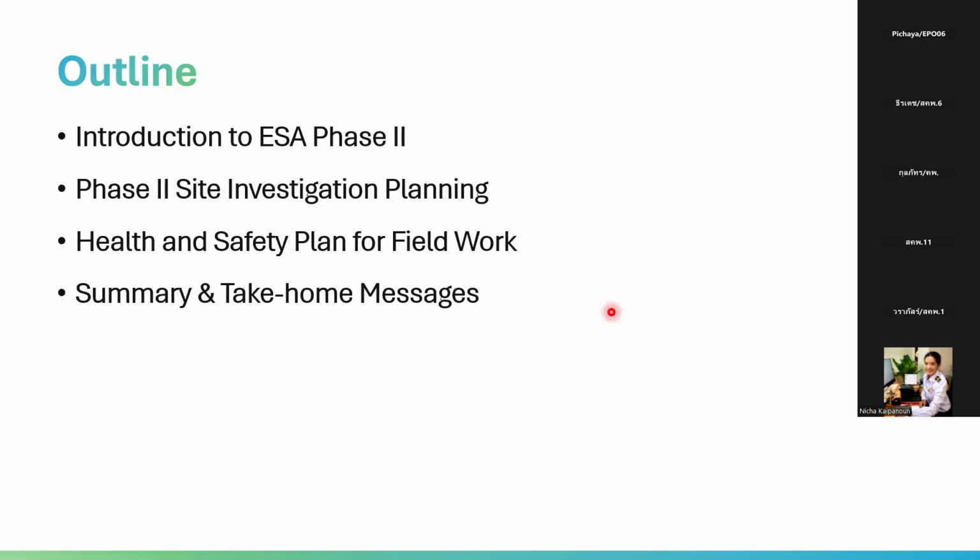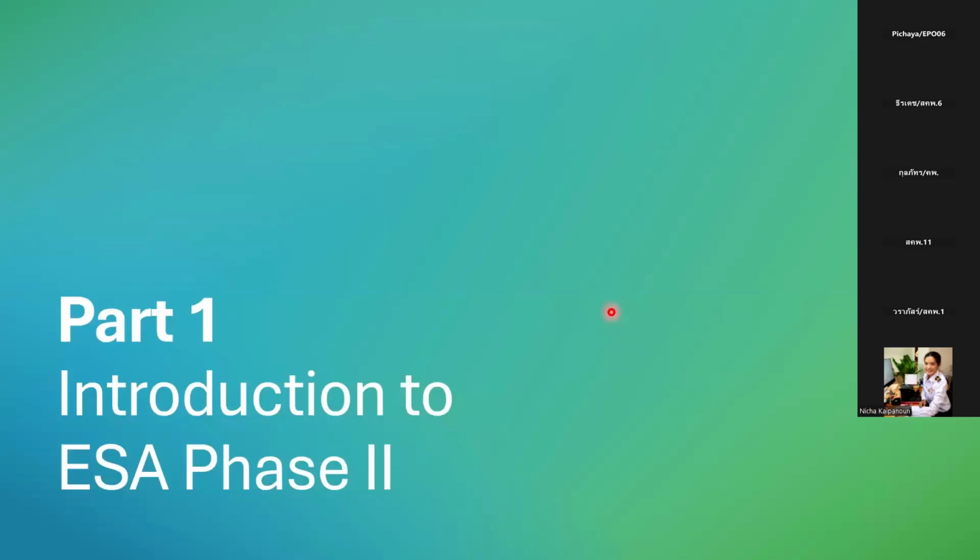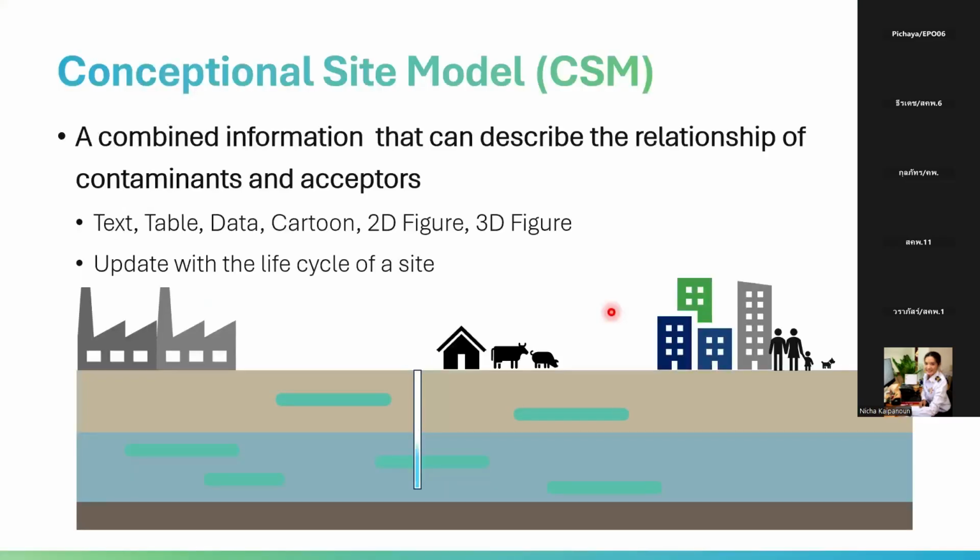So today we spend a lot of time discussing the ESA Phase 1 and trying to develop the site conceptual model. The conceptual model, to me, is trying to develop a relationship between the source and the receptors. It can be text, a table, some data, or a 2D or 3D cartoon figure.